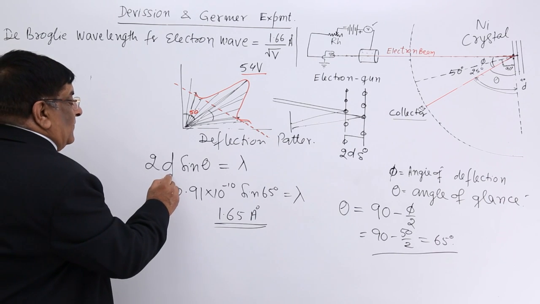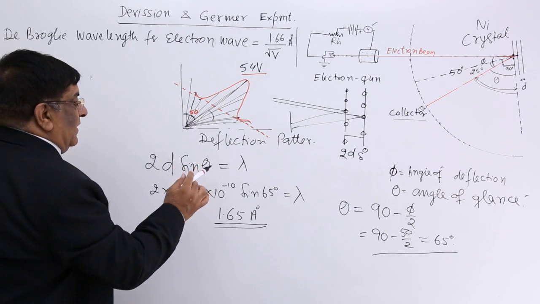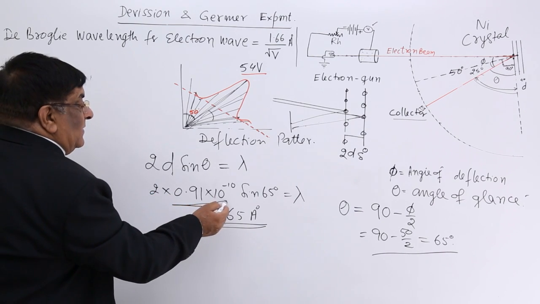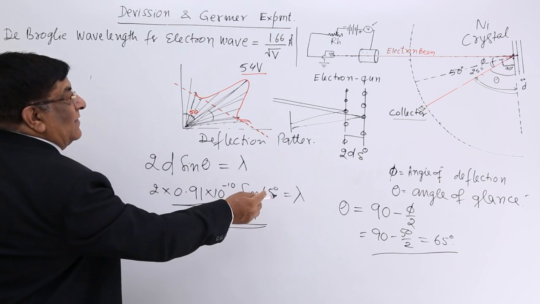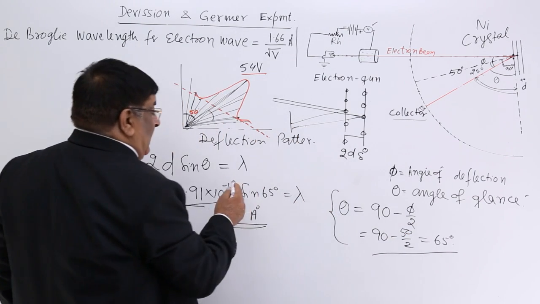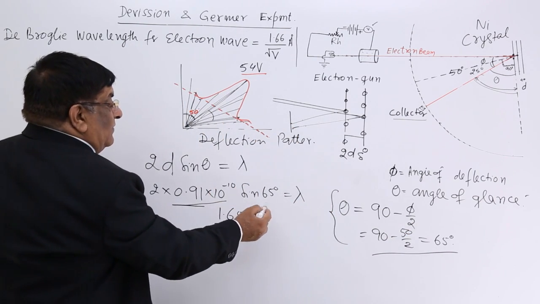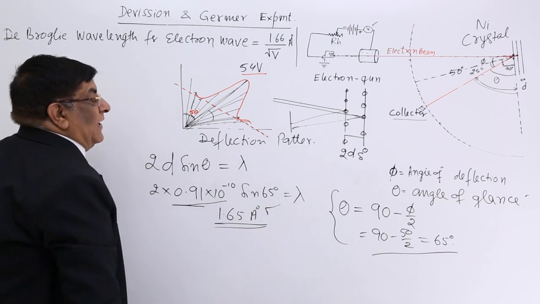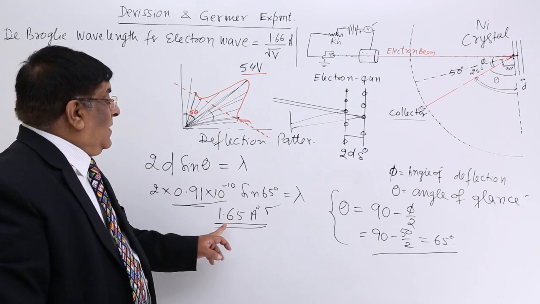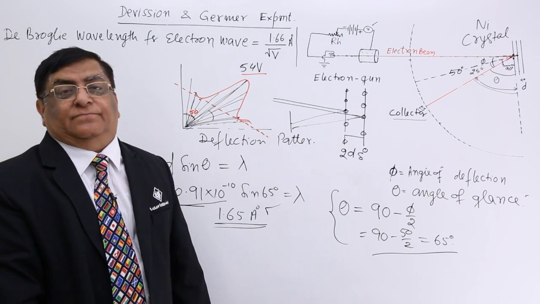Putting the values of the distance between two layers of the nickel, which is 0.91 angstrom, and theta, the angle of glance, we calculated by this formula, which comes to 65. Placing these values, we got the wavelength of the electron wave, that is matter wave, to be 1.65 angstrom.